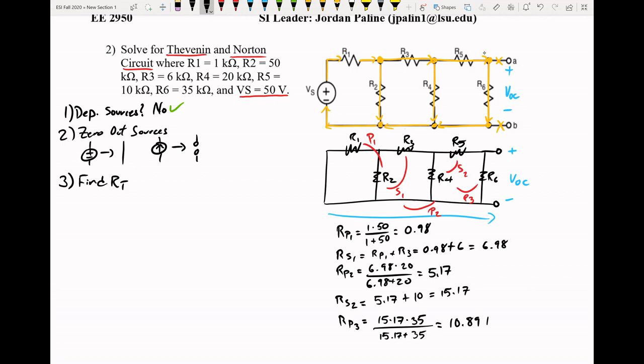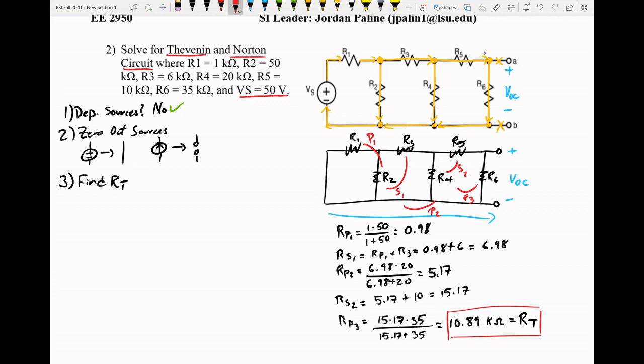And this will be in kilo ohms, and this will be the R Thevenin because it's the last combinable resistor that we had. Okay, so that's R Thevenin. So the fun part becomes determining V Thevenin.